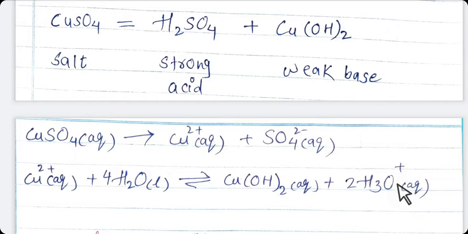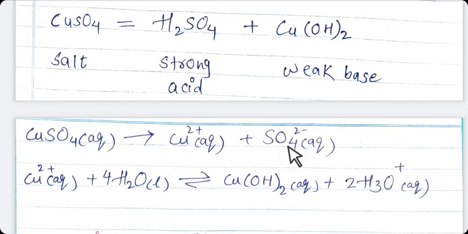Student, I am repeating here. When copper sulfate dissociates, it produces Cu2 plus and SO4 2 minus. Copper sulfate is nothing but a salt derived from a strong acid and a weak base. And SO4 2 minus ion of the salt has no tendency to react with water because the possible product H2SO4 is a strong electrolyte.